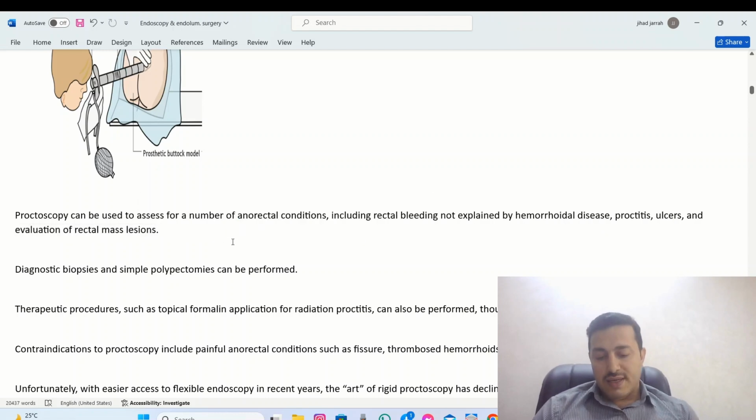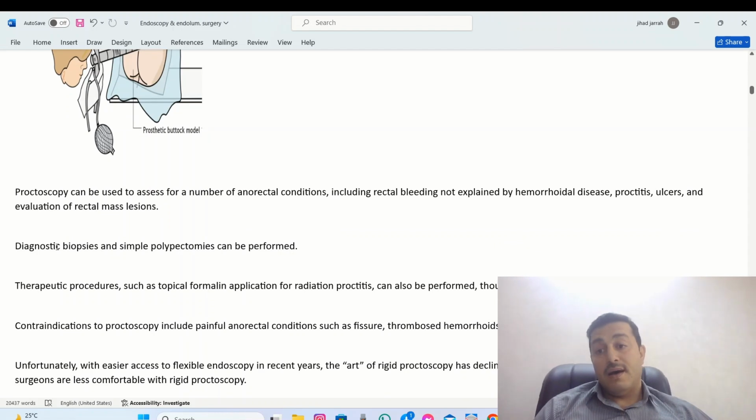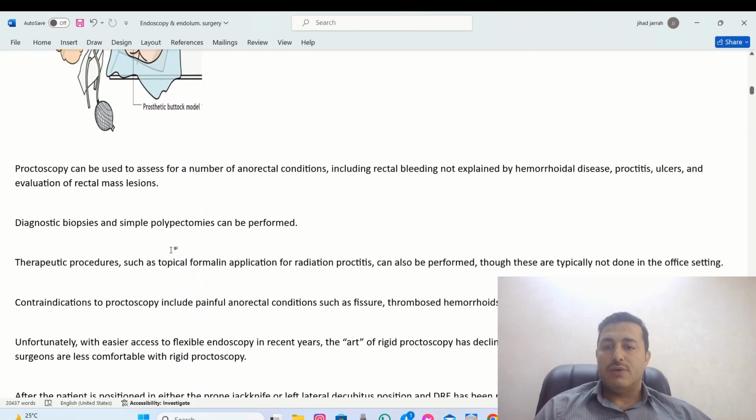Sometimes we use it for pneumatic reduction of volvulus. We can use it for diagnostic biopsy, and sometimes therapeutically for simple polypectomies.